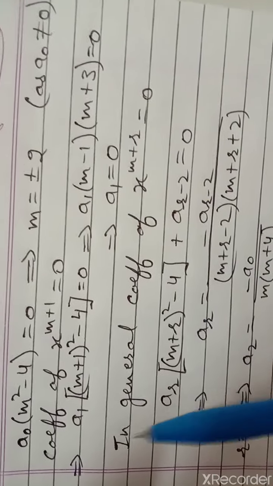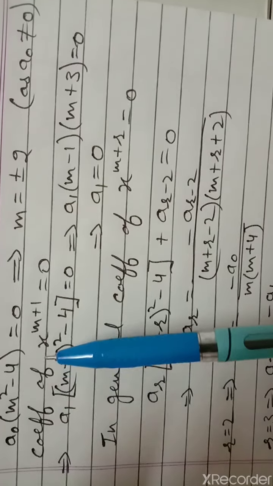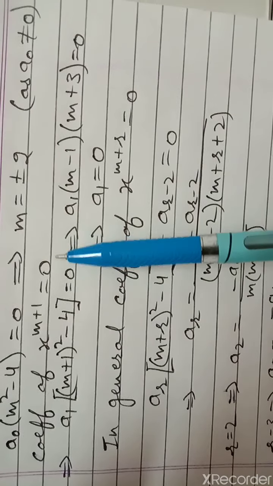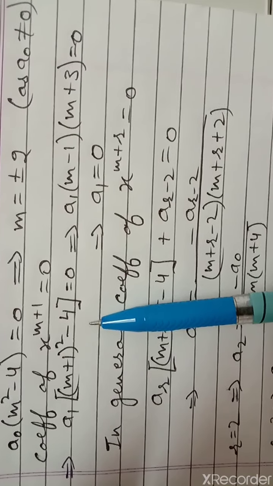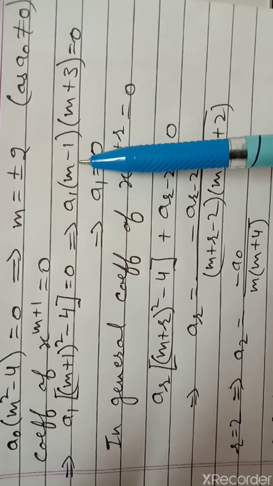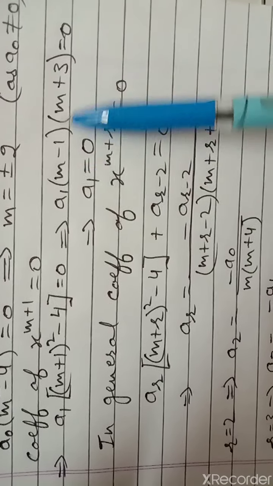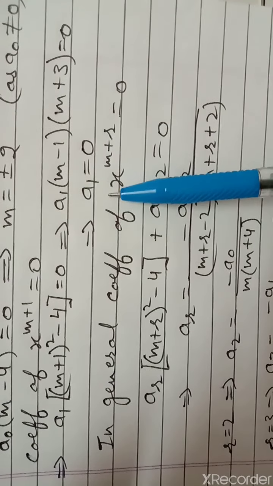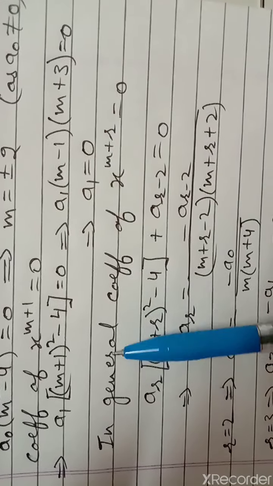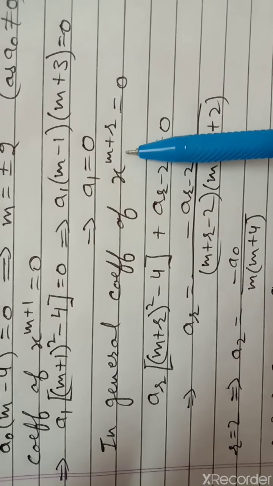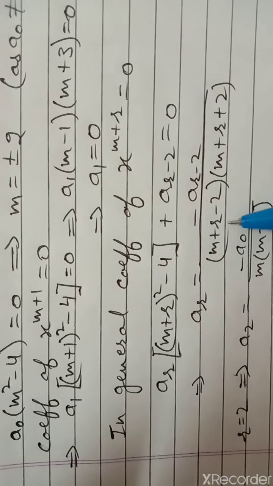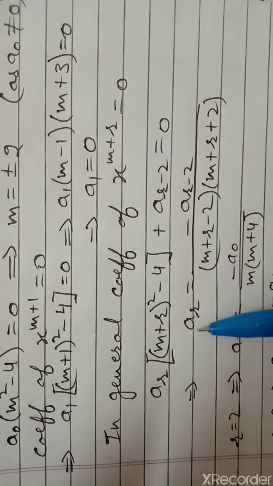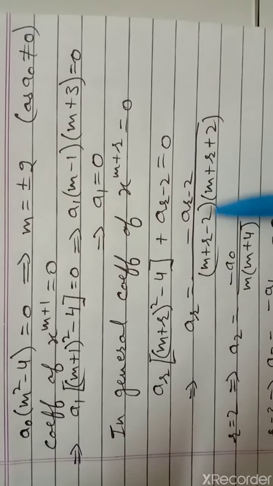Let's see what happens. Next, the coefficient of x to the power m plus 1 is equal to 0. Here for both values of m, these two factors are non-zero, so a1 has to be 0. In general, the coefficient of x to the power m plus r is equal to 0, and this gives a_r in terms of a_(r minus 2).